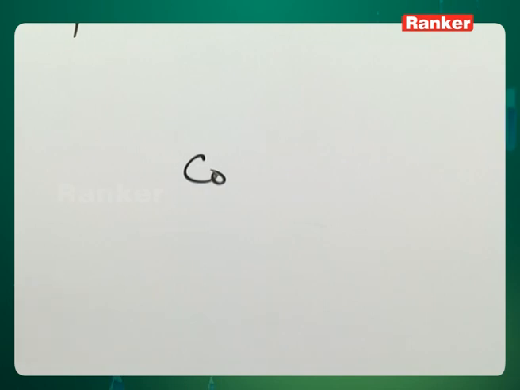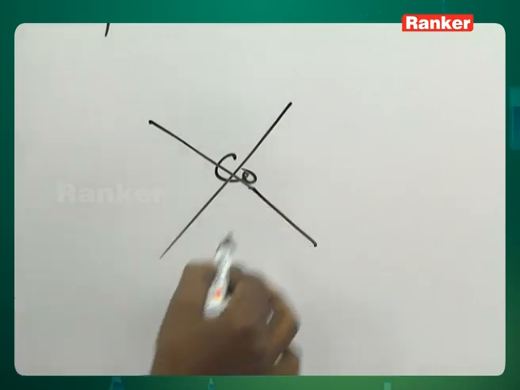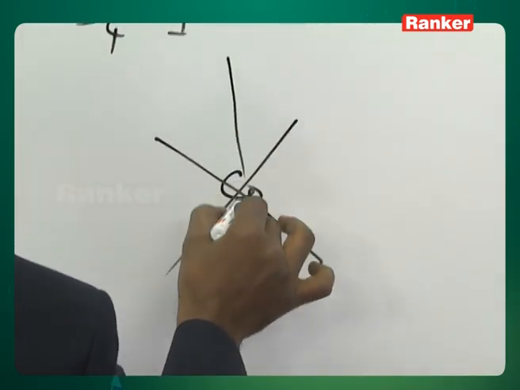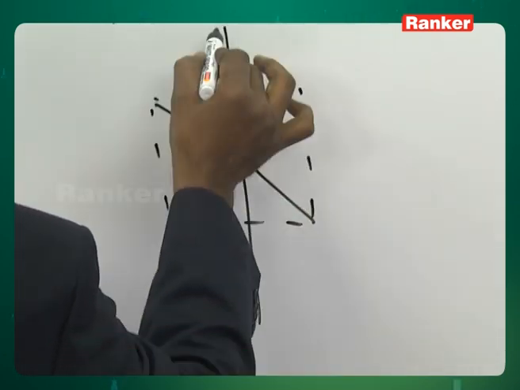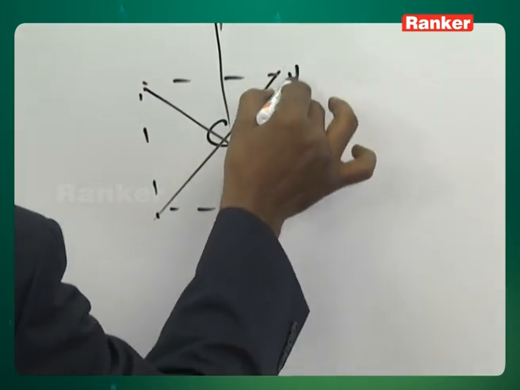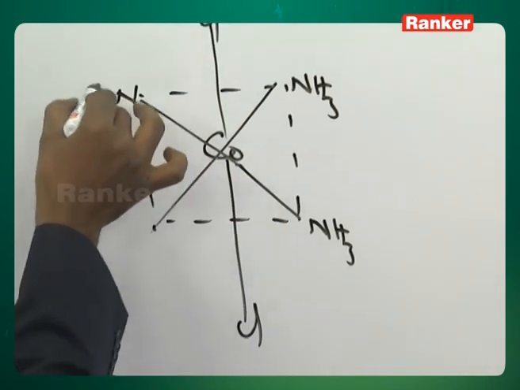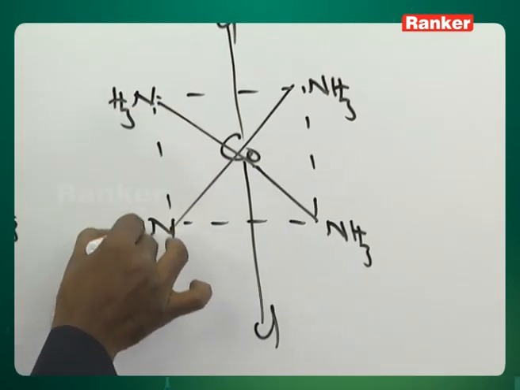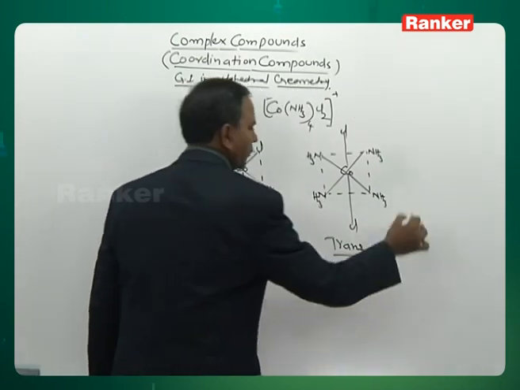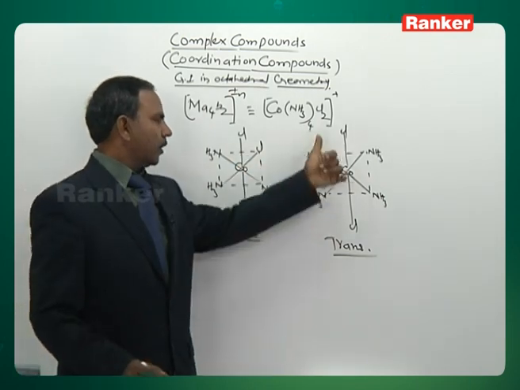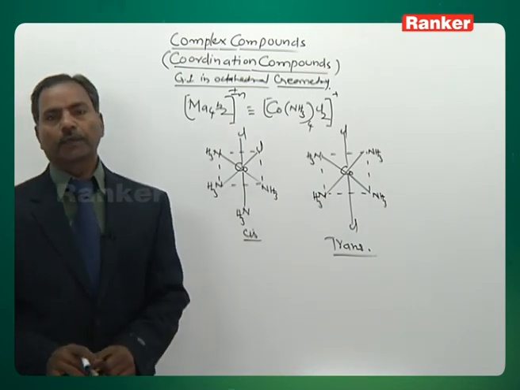We'll keep the chloride ligands in the axial positions. This you consider as trans. Cis complex and trans complex, two complexes. These two are geometrical isomers to each other.